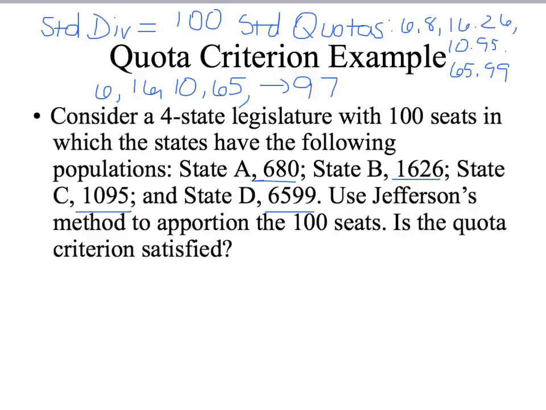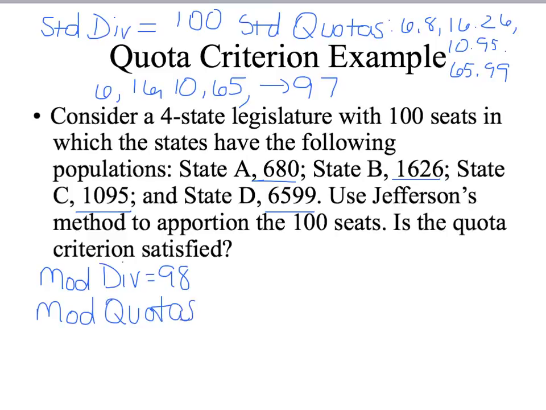So I do need a modified divisor. I found the one that will work here again is going to be 98. And I can use that to find some modified quotas and then check to see if the quota criterion is satisfied. So here are my modified quotas. If I take 680 divided by 98, I get 6.94.